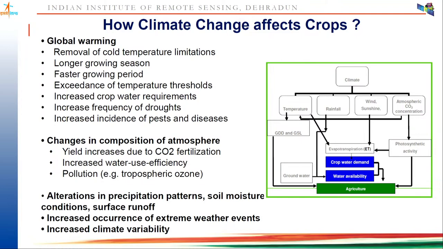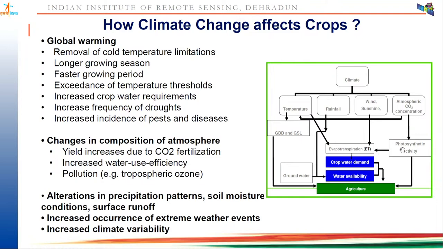So there is a higher photosynthetic rate. So evapotranspiration will also increase, because photosynthesis and evapotranspiration are reciprocal processes. One molecule of water H2O gets exit, then only one molecule of CO2 gets fixed. So crop water demand will also increase.